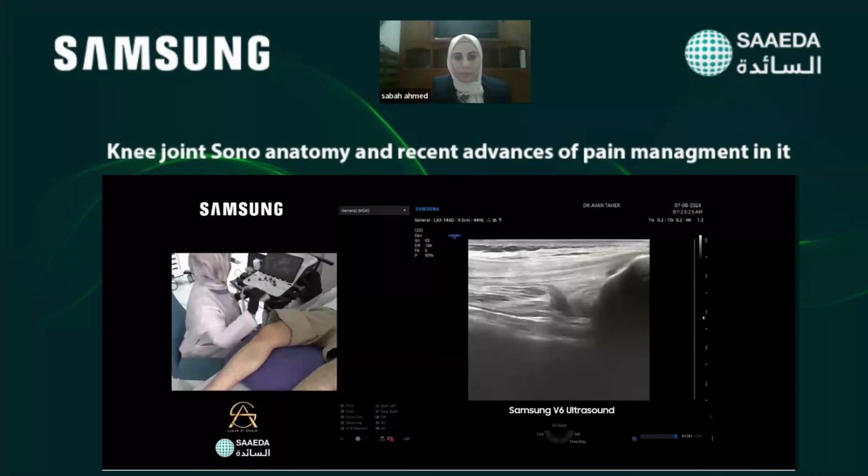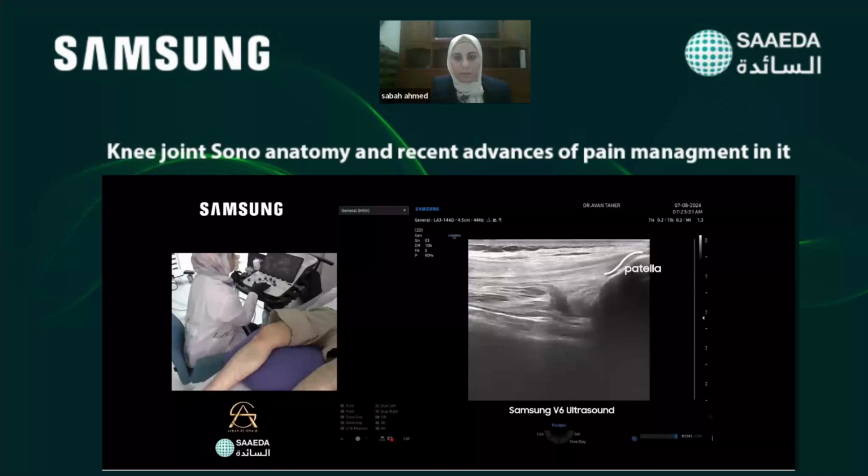So what we can see here, this is the patella, this is the echogenic line, which is the bone. Behind it, we can't see anything. It is shadow. This is the patella, and this is the femur. The tendon that is attached to the patella is called the quadriceps tendon. There is a slightly homogeneous hyperechoic tissue seen here.